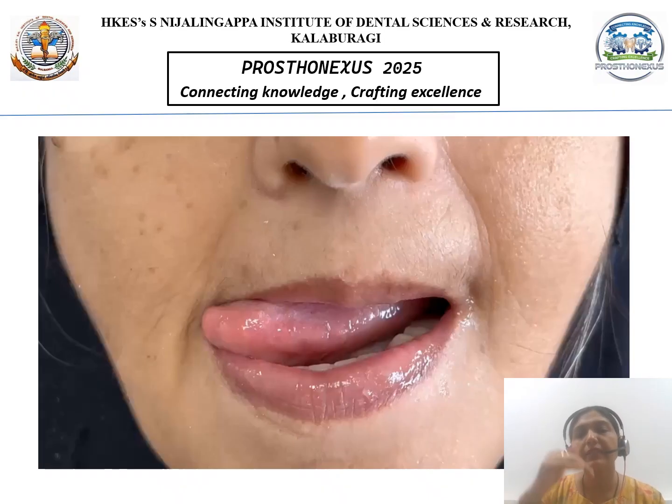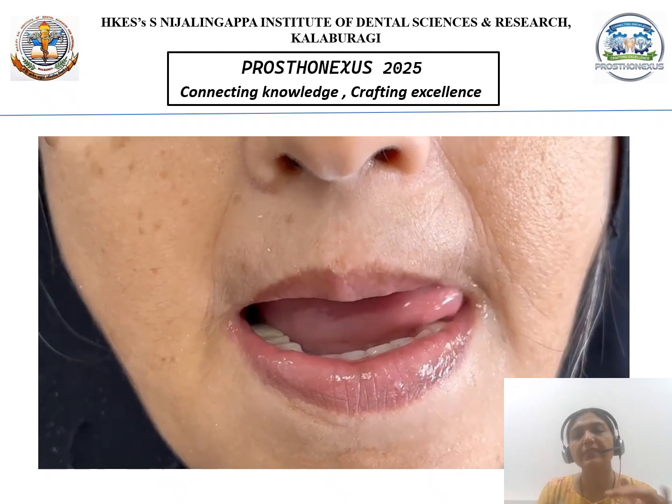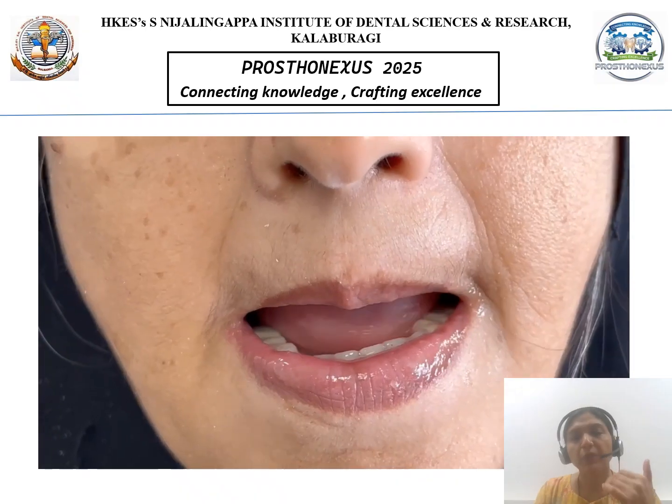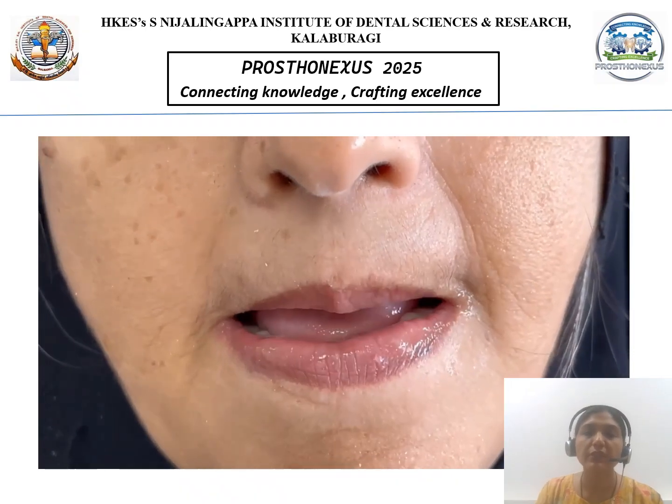Similarly, if there is lifting anteriorly, you can appreciate here how nicely she is taking her tongue on either side and also anteriorly to check the retention of the denture. This is done at trial and also at final insertion. Basically, in trial sometimes the retention is compromised because we block out the undercut areas, so most commonly you check for retention during the final insertion of the denture.